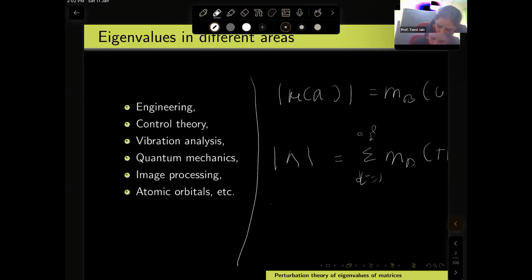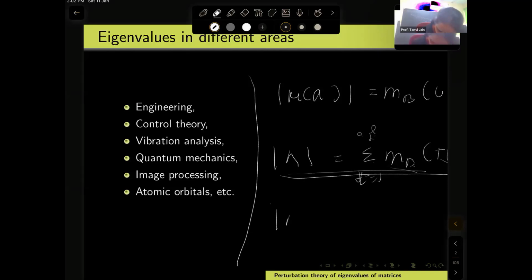So now this is MA of J_j, MB of J_j, sorry. So |λ| is equal to the summation of MA of J_j, which is less than or equal to the summation of MB of J_j epsilon.